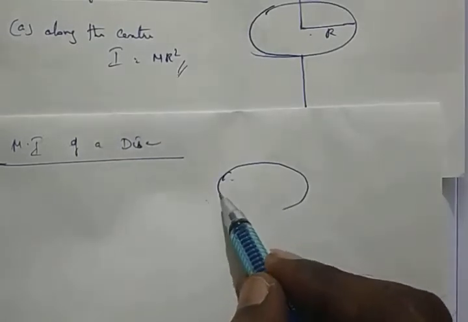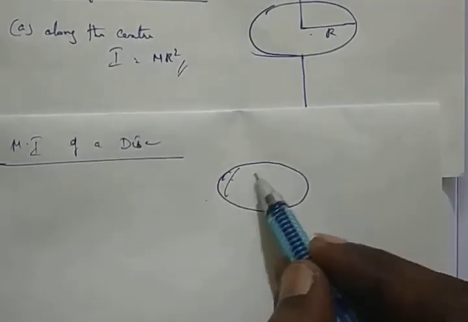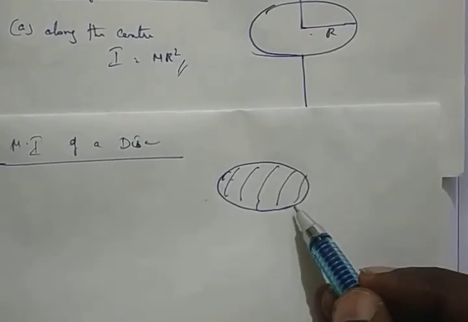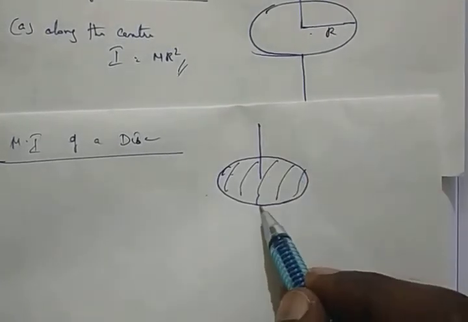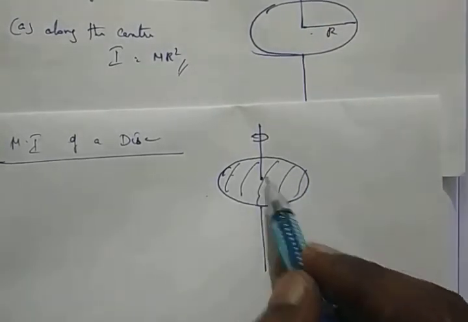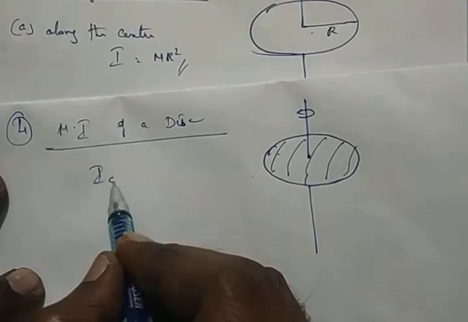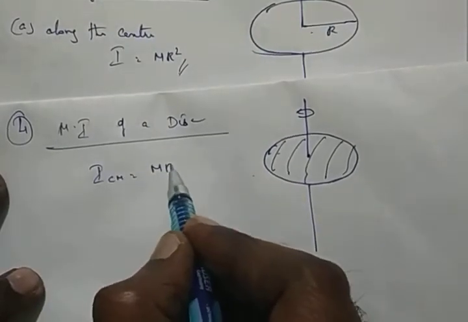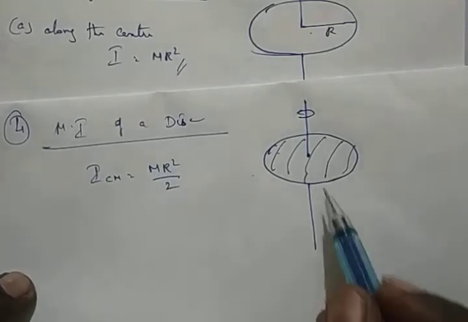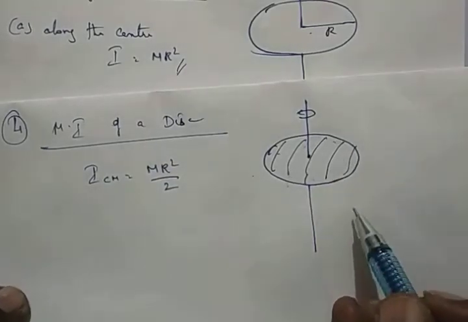Disk means the entire part, it is solid inside. So everything is there. Inside the metal is also there. So whenever the disk is rotating, the moment of inertia along the center of mass is going to be equal to mr square by 2, because the mass is all uniformly distributed.